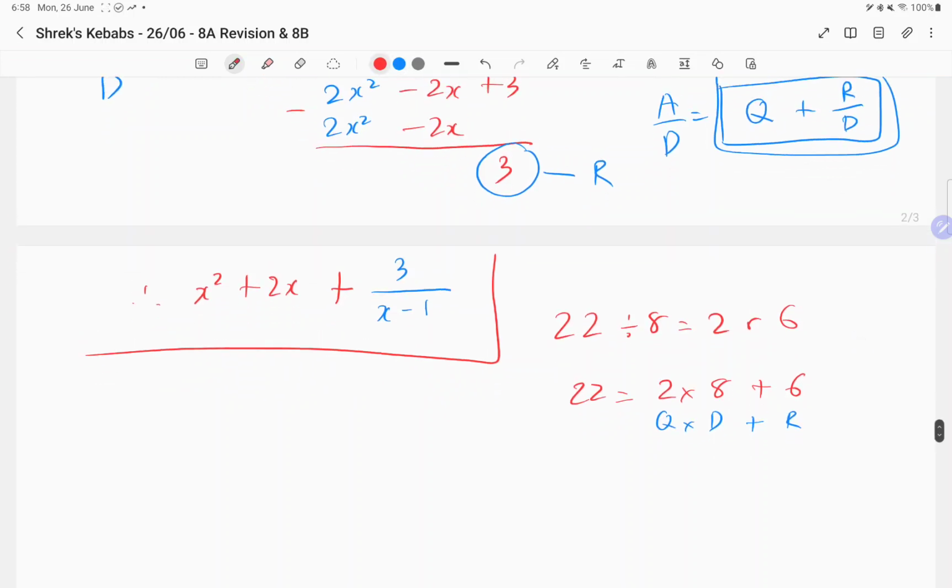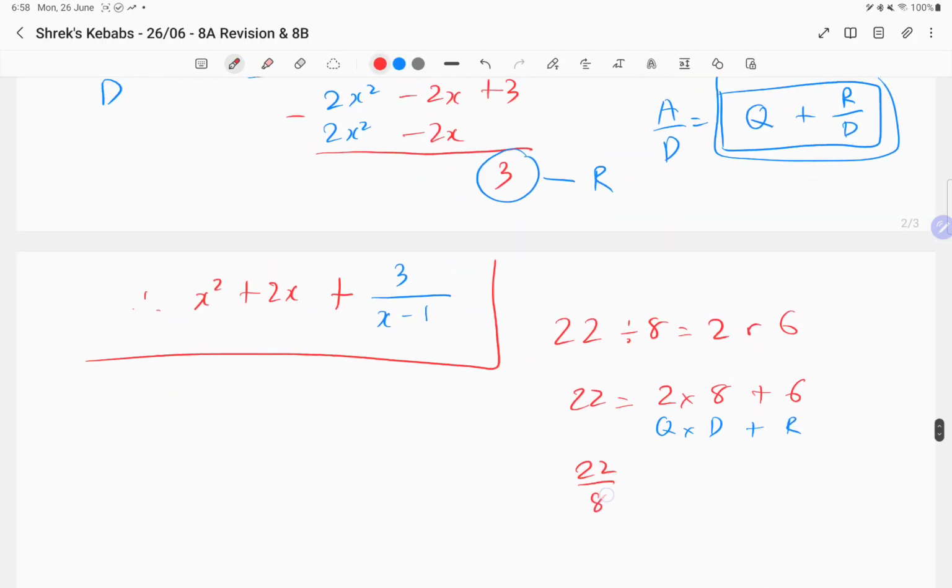So what I'm writing is this. 22 divided by 8 is the same as 2 and then plus 6 over 8. Okay? So the result is in the form quotient plus remainder over divisor. Does that make sense? So this is the result of the division, and then this is just the remainder. Okay? And it will always be over the divisor. Does that make sense? Okay.